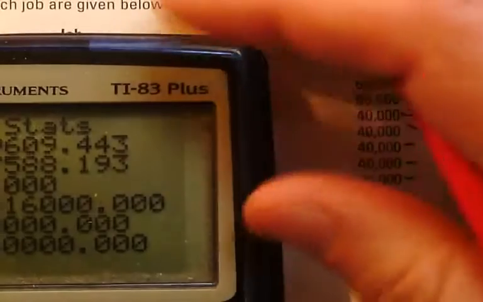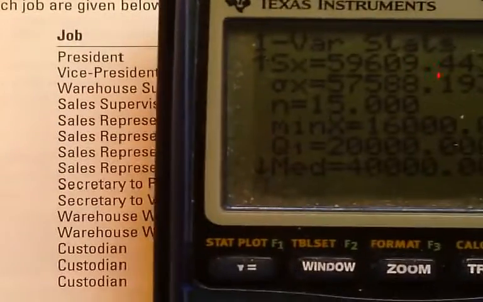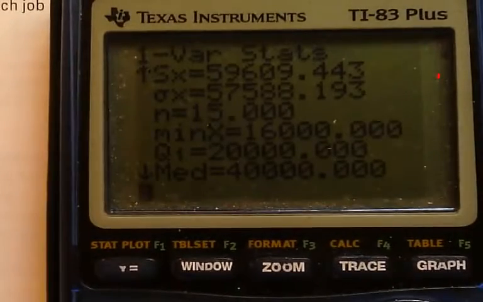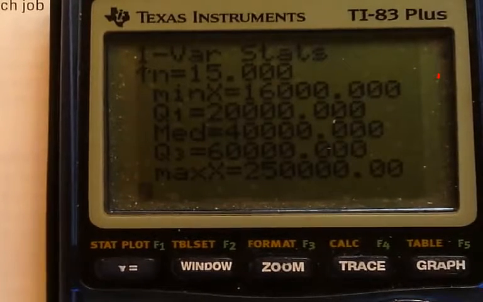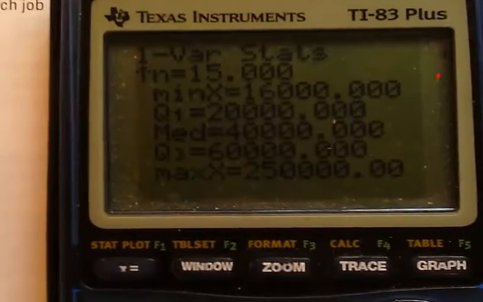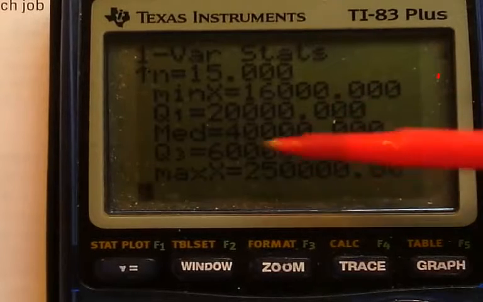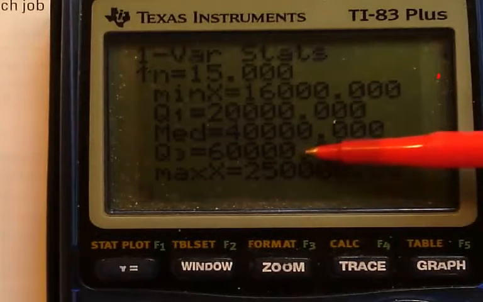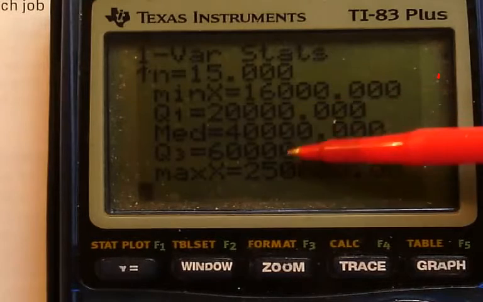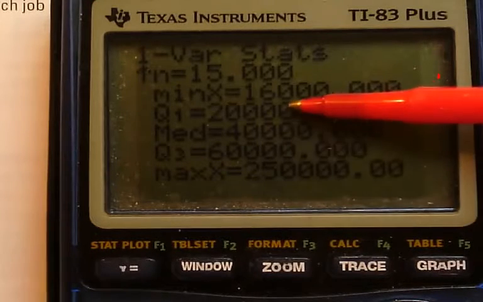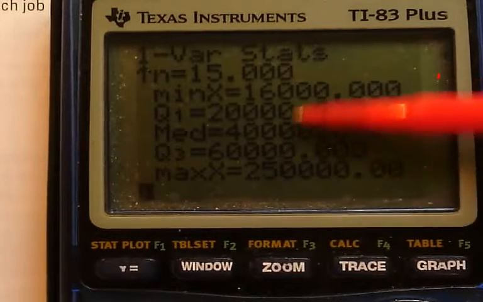But what we're looking for is the outlier. So let me show you how to find the outlier. What you need to know is the first quartile, Q1, and the third quartile, Q3.